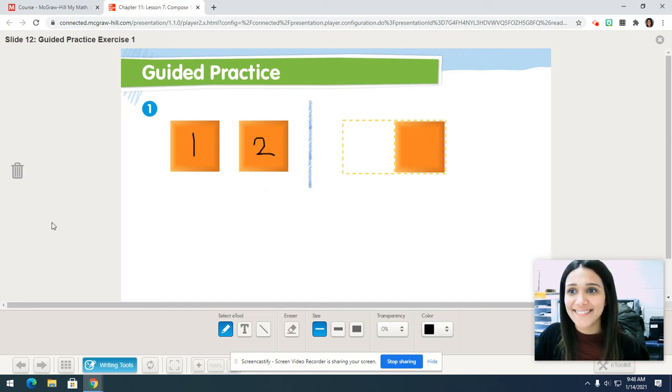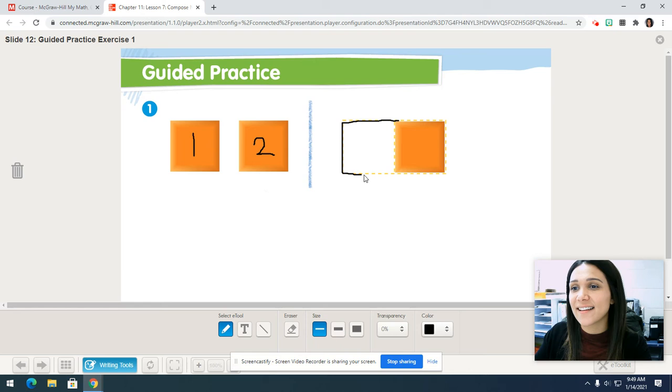2. Well, we just did this shape, didn't we? We put two squares together to make what composite shape? Rectangle. Good. I want you to trace the second square. Sorry, that was my alarm.